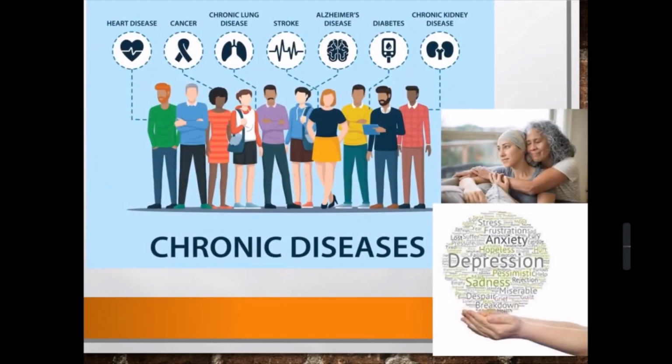The chronic diseases group: it is more on having a character with heart disease, maybe cancer, chronic lung, or whatever it is. It may have depression, anxiety. So just get an idea out of these ideas here. So you need to create a short story out of this.